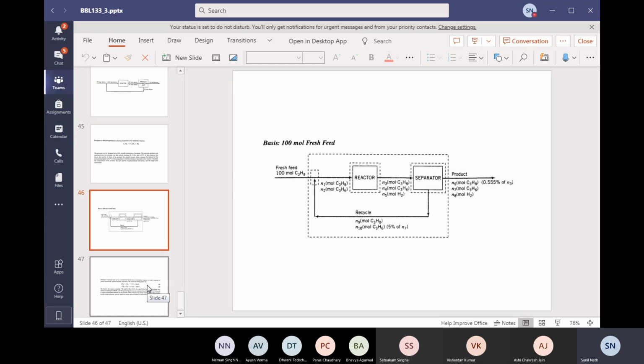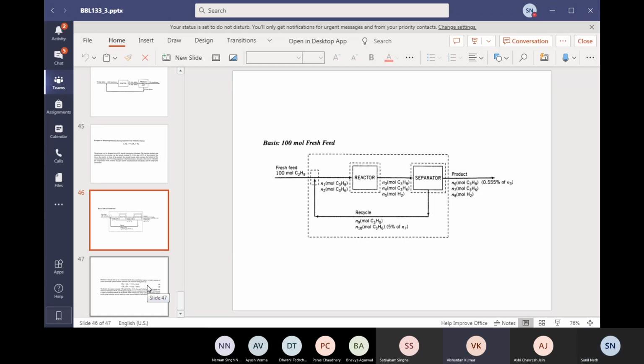Because we found N3 and N6, we can find N9 using that. What does that work out to be? 900 minus 5, that will be 895. Yes, very good. And using that, we can find N1.